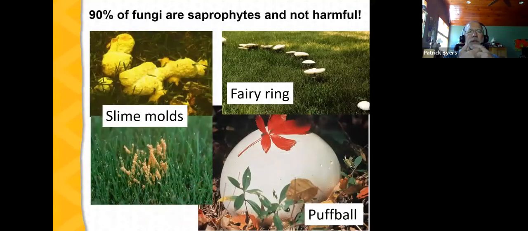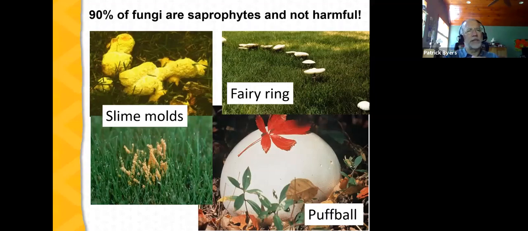Now, 90% of fungi are saprophytes. You know, they don't feed on living plants. They're not harmful. In fact, some of these are beneficial and important economic crops. When we think about, for example, growing mushrooms, mushrooms are an example of a saprophytic fungus in most cases. We see some examples in this picture here. You can see a fairy ring there at the top and a puffball at the bottom.